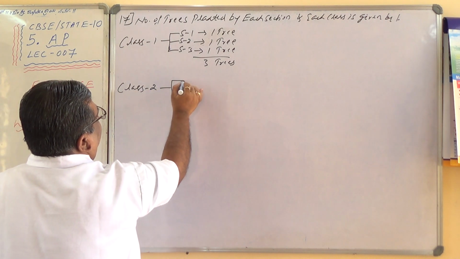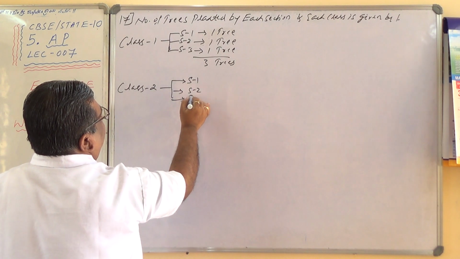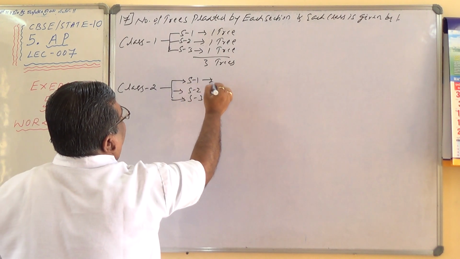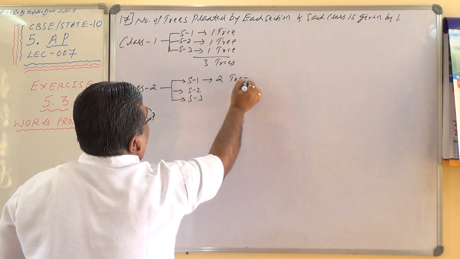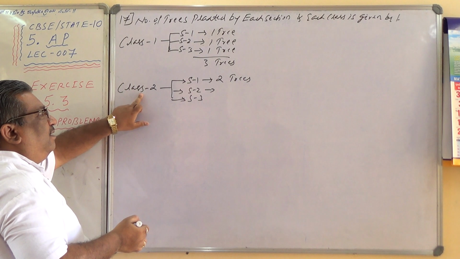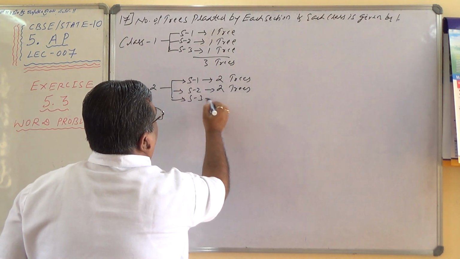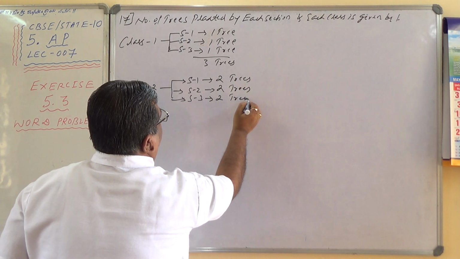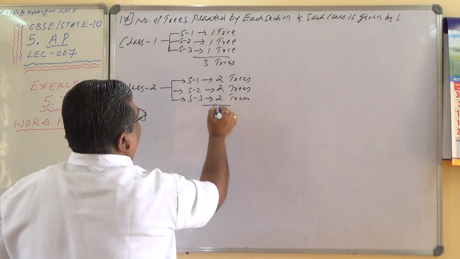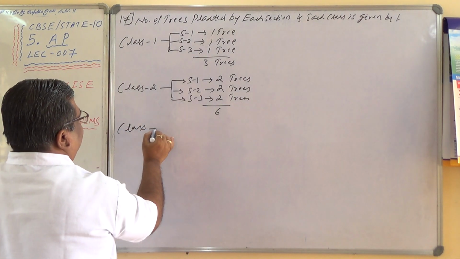Class 2, how many sections? 3 sections. S1, S2, S3. Number of trees, 2 trees. Why 2 trees? The class in which they are studying is 2nd standard, and therefore 2 trees. Here also 2 trees. So total 2 plus 2 plus 2, 6. One more class I will take, and then we will form the list of numbers.